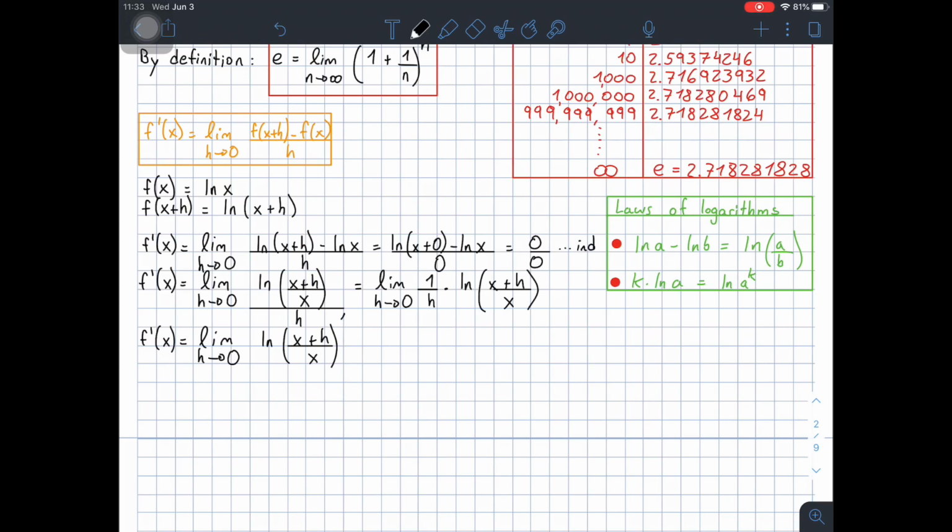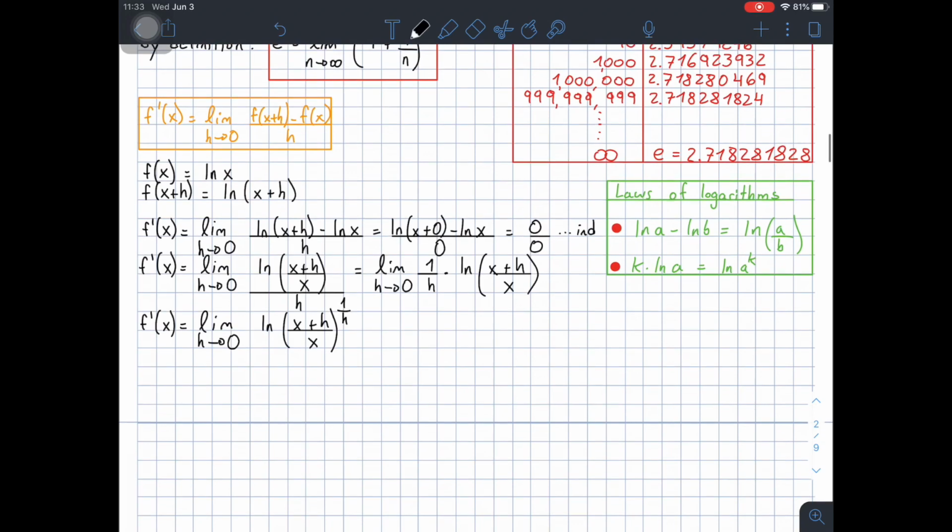What I did was take this to the exponent, basically applying the second law of logarithms you see to the right. So why do I do this?